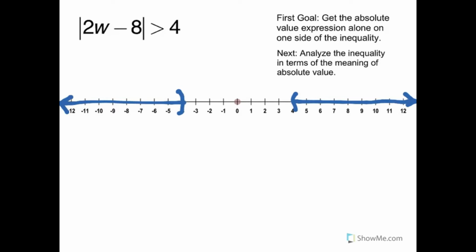That means that the expression inside the absolute value, 2w minus 8, is either less than negative 4, or that expression, 2w minus 8, is greater than positive 4. So we've translated our absolute value inequality into a compound inequality joined with OR, and we know how to solve that.